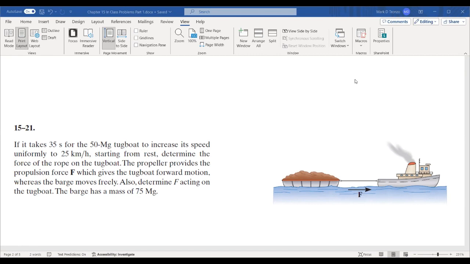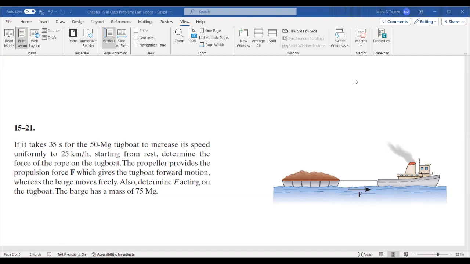Next, we're going to do problem 15-21. It has a tugboat pulling this barge. And it says if it takes 35 seconds for the 500 megagram tugboat to increase its speed uniformly to 25 kilometers per hour, starting from rest, determine the force on the rope on the tugboat.